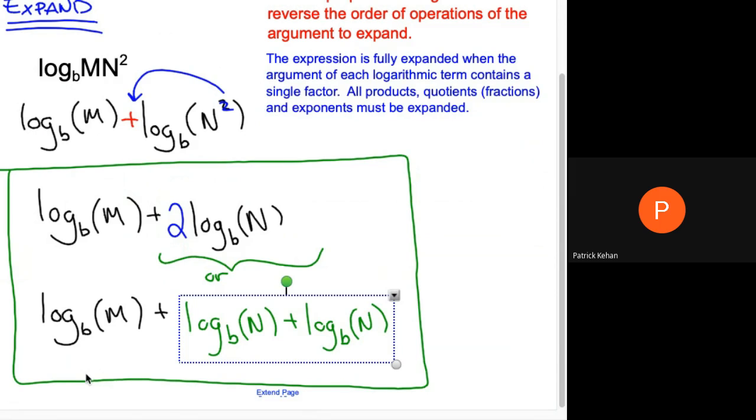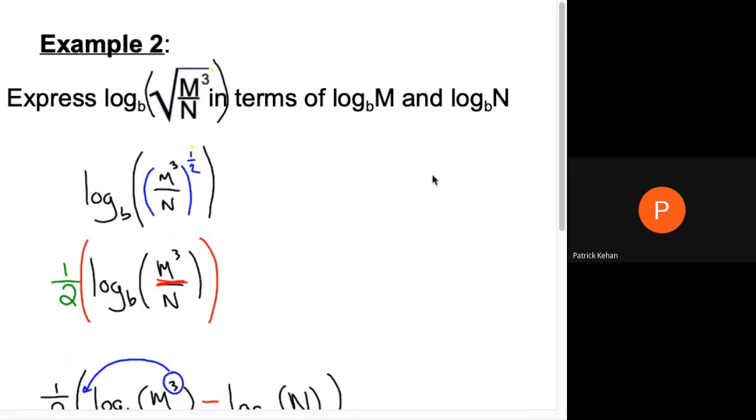Next example. A little bit more complex, and there's some other properties we have to include. So express log base b of the square root of m cubed divided by n in terms of log base b of m and log base b of n. That means log base b of m and log base b of n must be in your expansion.